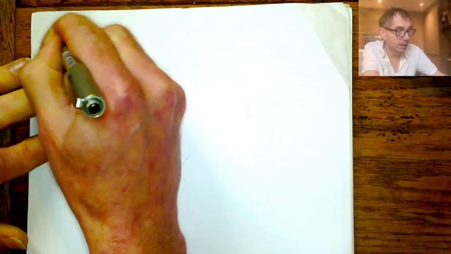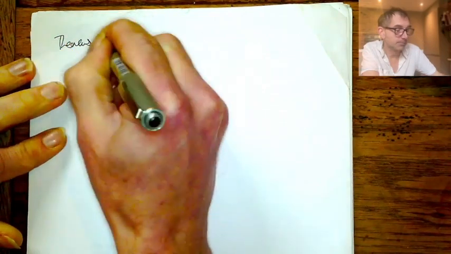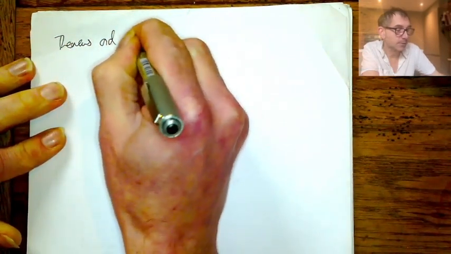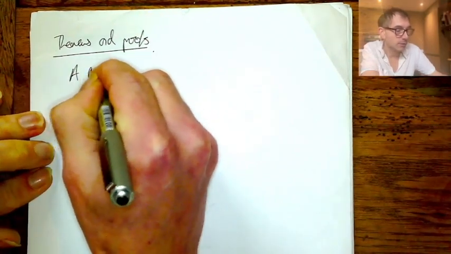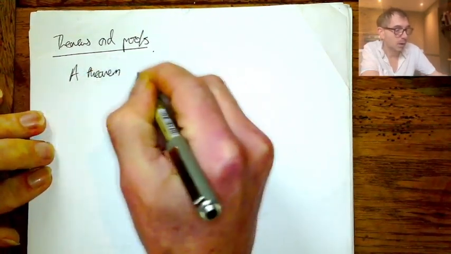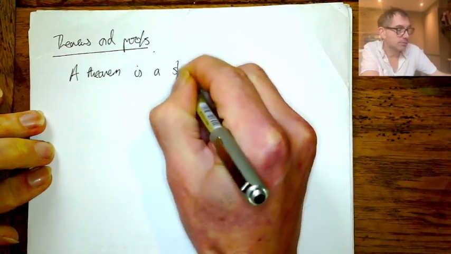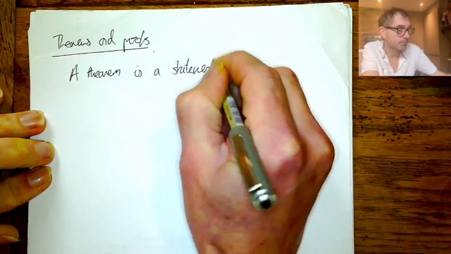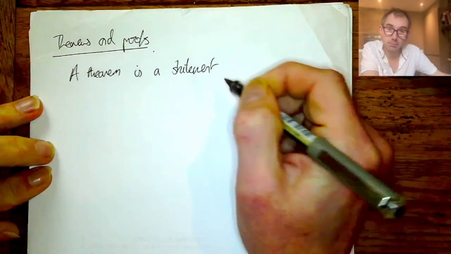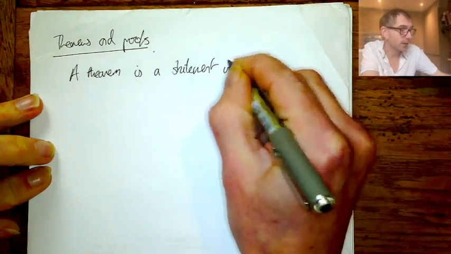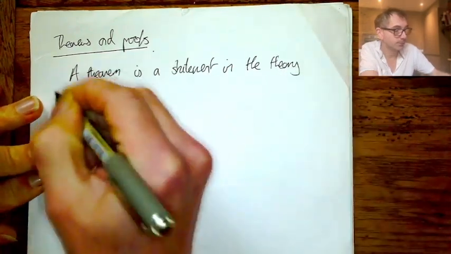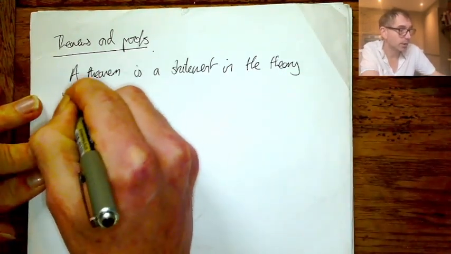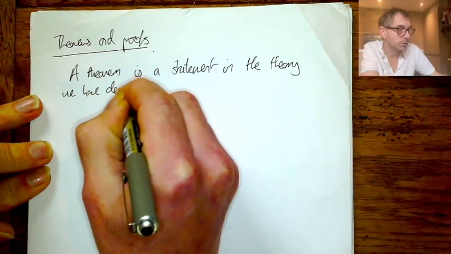So, theorems and proofs. A theorem is a statement, so a predicate with no free variables, in the theory we have decided to work in.